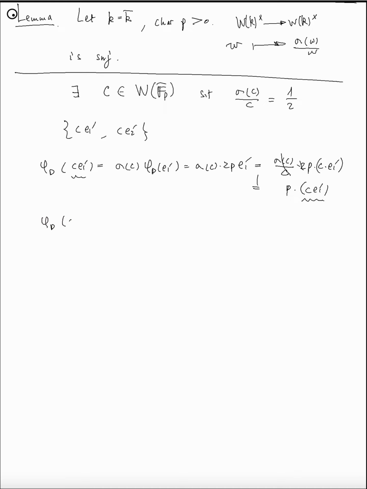And for C E2 prime, similarly, before it was 2 times E2, now it's just C times E2 prime. It's stable.